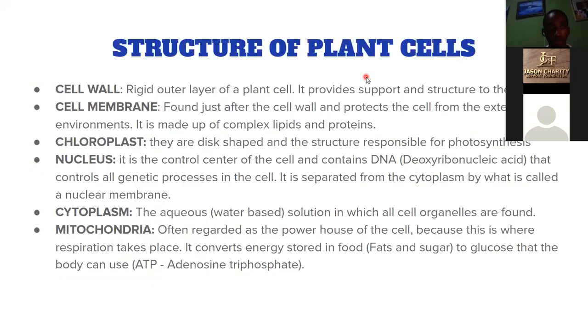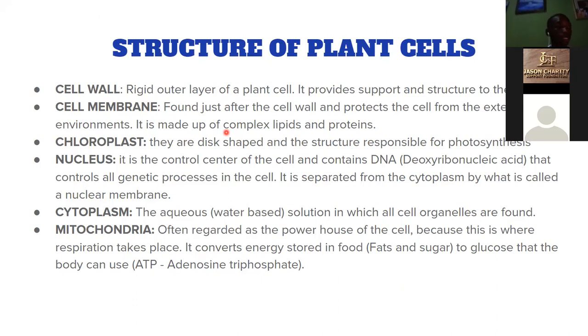The cell wall, just like I pointed out, is the rigid outer layer of a plant cell. It is rigid. It is not flexible. The opposite of something being rigid is flexible.